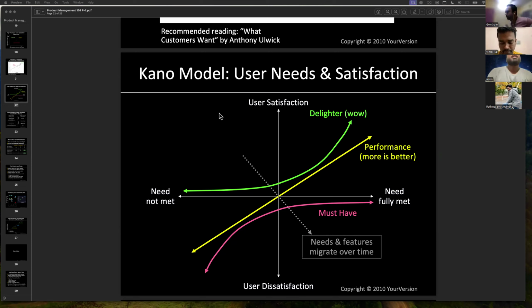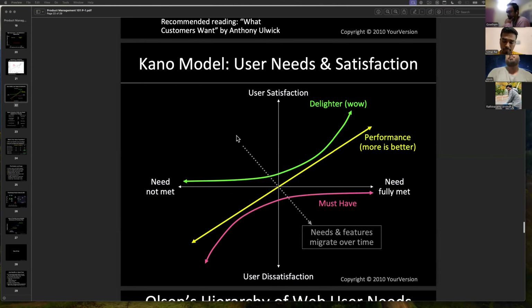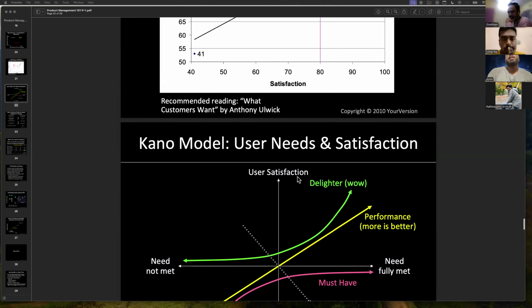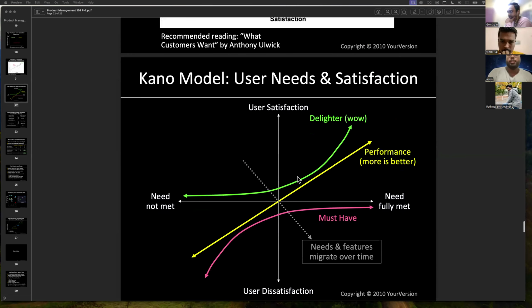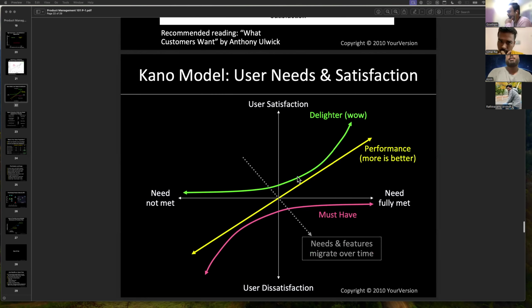Okay, just a quick overview of the Kano model again. There are many ways to prioritize your ideas. Here there are three categories you can put your ideas in.